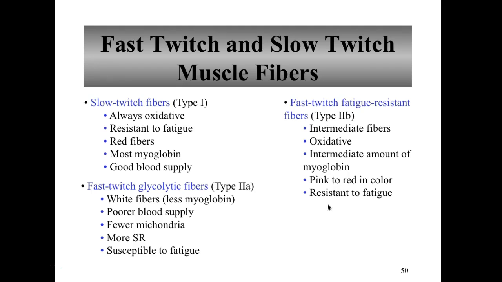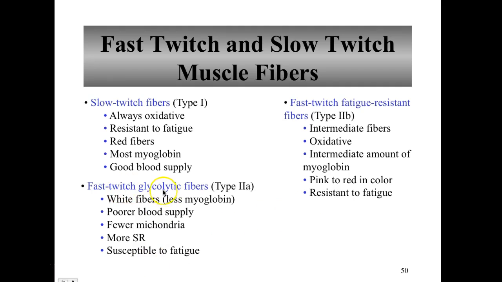Basically these fibers are going to contract rapidly. However, because of their rapid contraction, they will also fatigue easily. And ultimately that would lead to lactic acid buildup in the blood and the tissue itself.